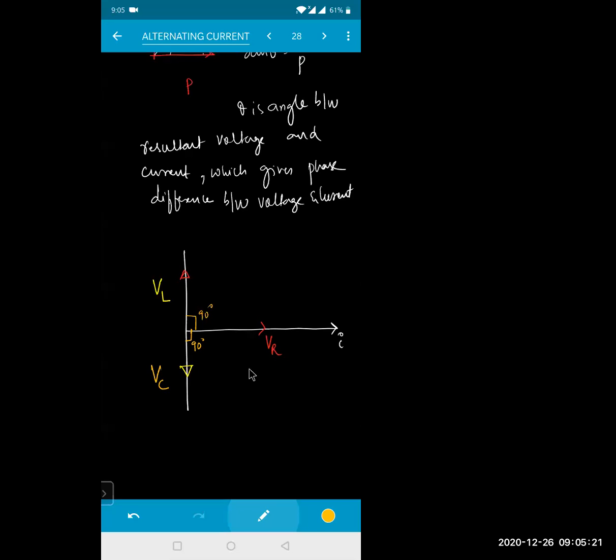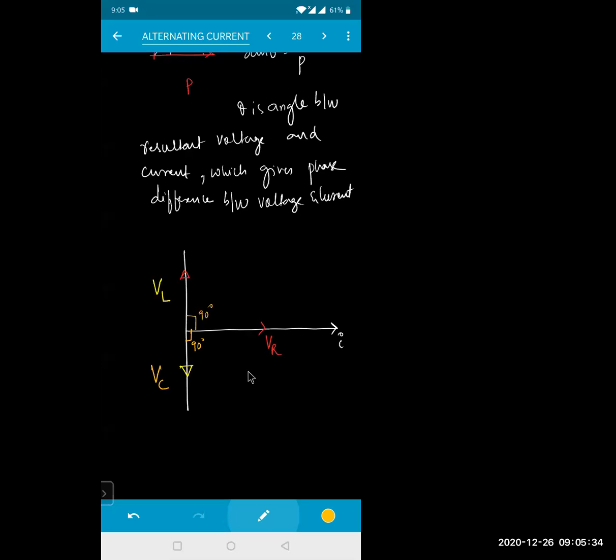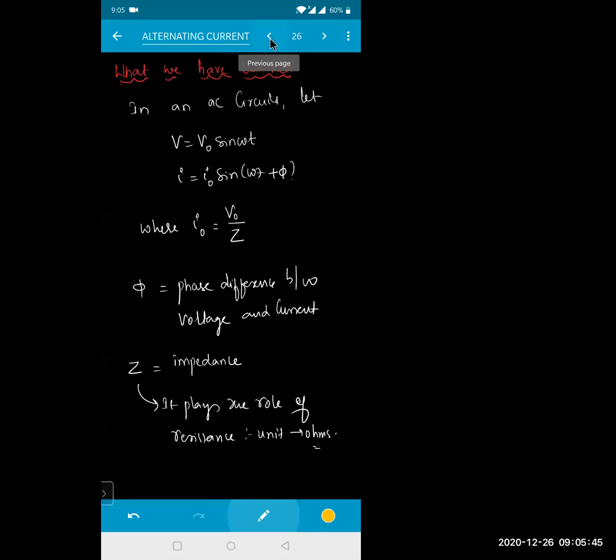So whenever you are doing the problem, just do it like vectors. Take the current on your x-axis and try to write the voltages along the x-axis and y-axis. When it is passing through a resistor, there is no phase difference, so the potential across the resistor and current are in the same direction. The potential across the inductor is 90 degrees ahead, and the potential across the capacitor is 90 degrees lagging. Is that clear for everyone?